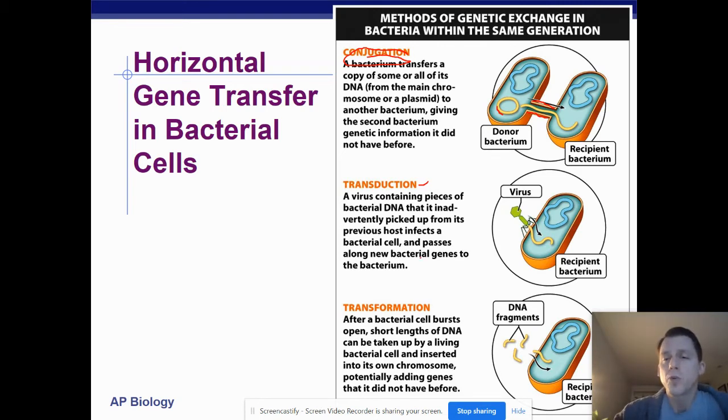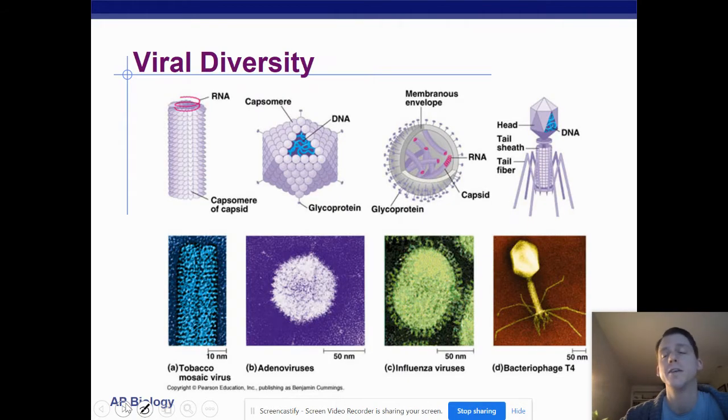There's also what's called transformation, and transformation is important because it just means that bacteria can sometimes pick up stray pieces of DNA that it finds, bring those pieces into itself, and then express them. So bacteria have some interesting ways of finding and expressing new DNA.